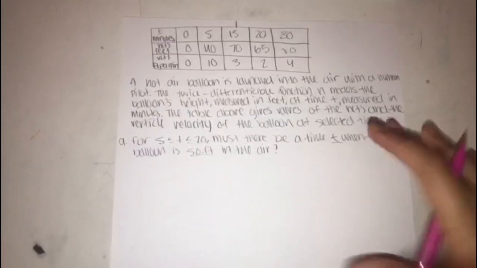So what I do is I say that this is actually the intermediate value theorem, because of how, when you look at the graph and you put the points in, it's different than the mean value theorem.